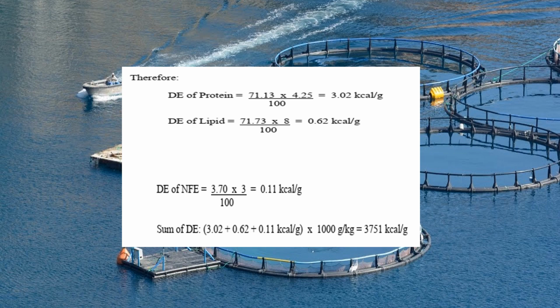And the digestible energy of lipid is equal to 71.73, which is the value of protein in dry matter, times 8, which is the calorific value of digestible energy of protein in animals, over 100, equals 0.62 kcal per gram.